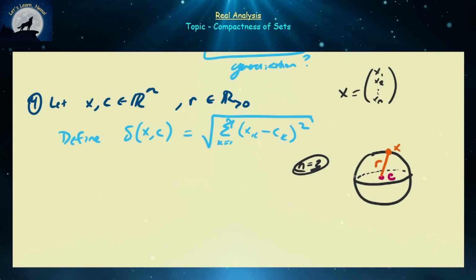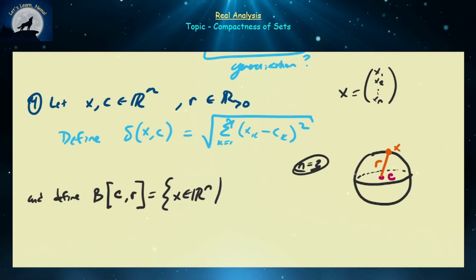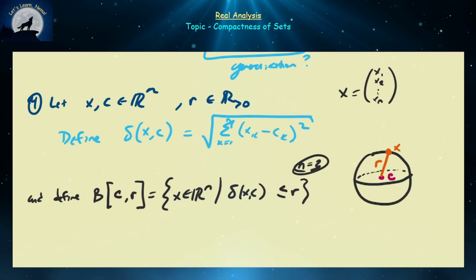And how would we define this particular set? So we can define the set B, centered at c with radius r, to be the set of all x in R^n such that the distance between x and c is less than or equal to r.